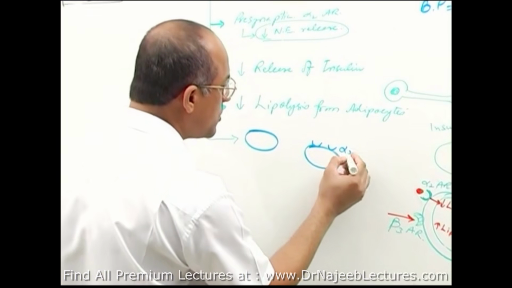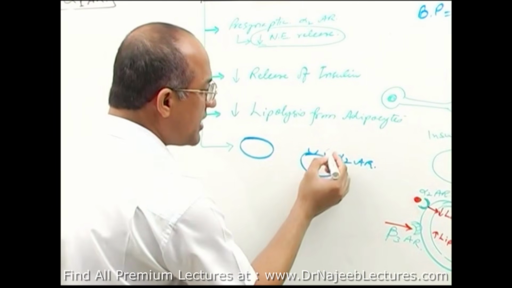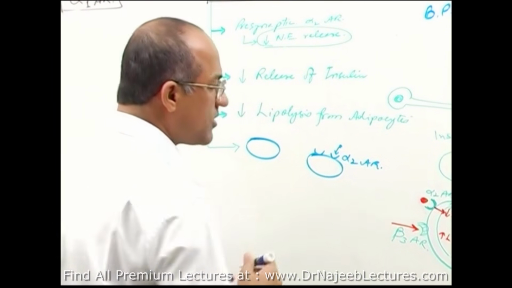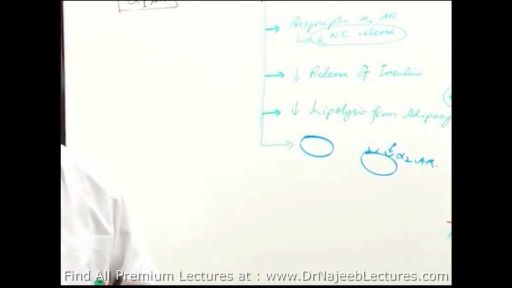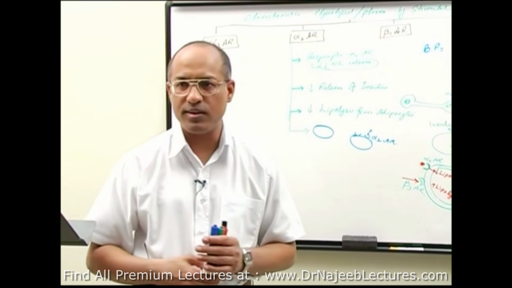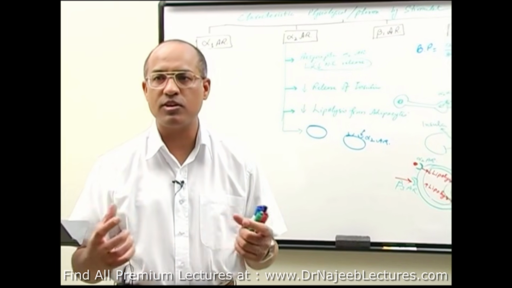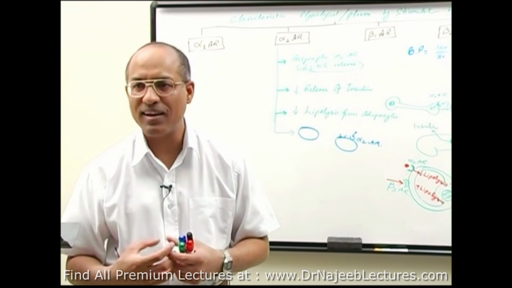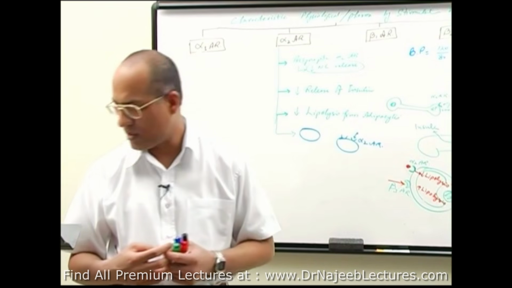There are alpha 2 adrenergic receptors, and when alpha 2 receptors are stimulated on the platelets, platelets get activated, and you know, activated platelets undergo clumping, aggregation, right?